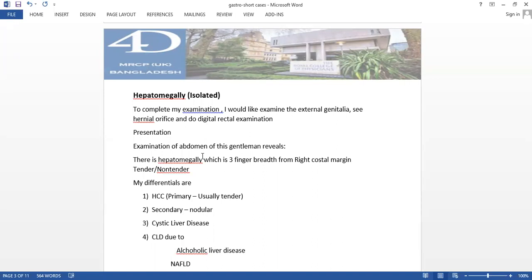So if you said a cachectic patient with hepatomegaly has primary hepatocellular carcinoma, it will not be wrong. To differentiate between primary and secondary, you have to appreciate the surface. In case of secondary, the surface will be nodular, right? So you need to keep it in mind.